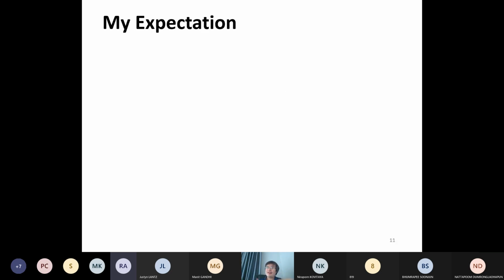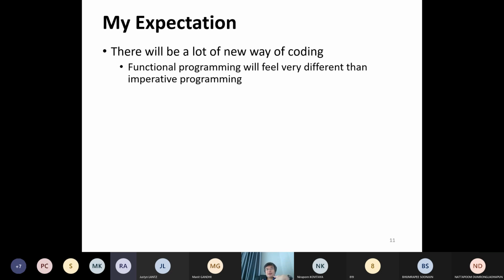So here's my expectation. This, again, is a junior/senior level class. So unlike the systems skills class, which some of you might have been through with me, there'll be a lot of new ways of coding. To be honest, the way you write functional programs will feel so different from anything you've been doing so far.